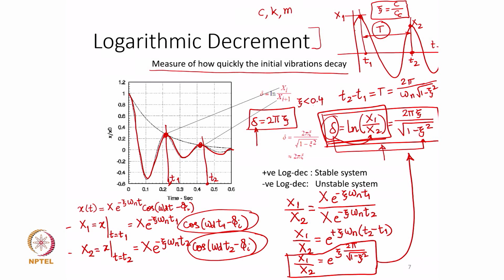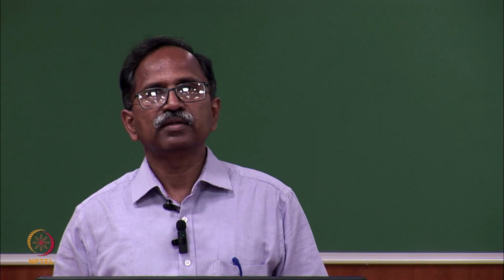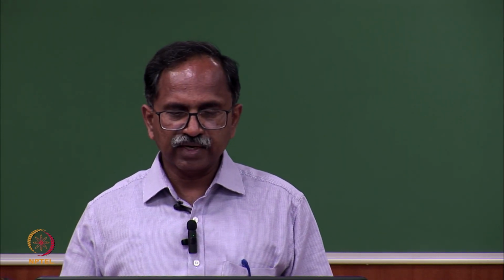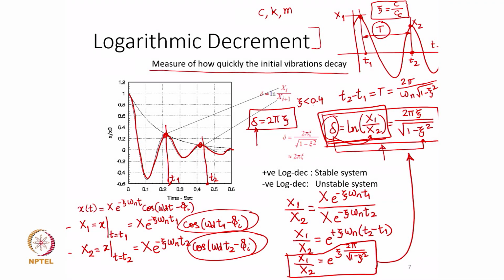After that, of course, this denominator term starts becoming numerically larger, and the value that you get for zeta may not be very accurate, right. But for all practical purposes, delta equal to 2 pi zeta is basically the straightforward expression. Delta you get from the measured vibration data, and zeta can be obtained from it.